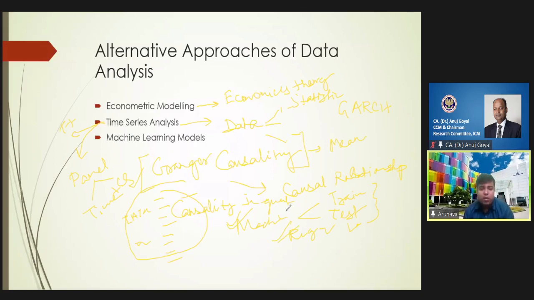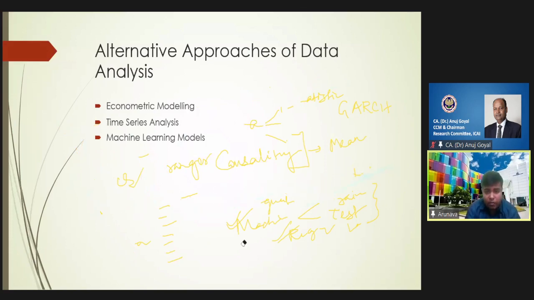And now many predictive models are using neural networks. Many predictive models are using clustering. So being in the finance world of research, we should also think along those lines, that we can go beyond the regular models that we use and develop new research that is interdisciplinary.